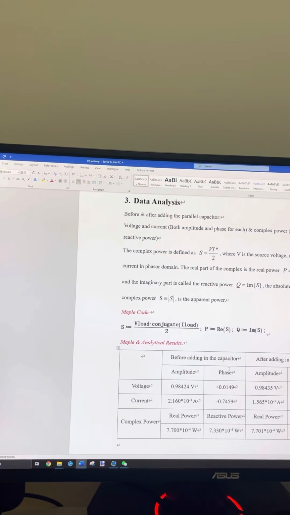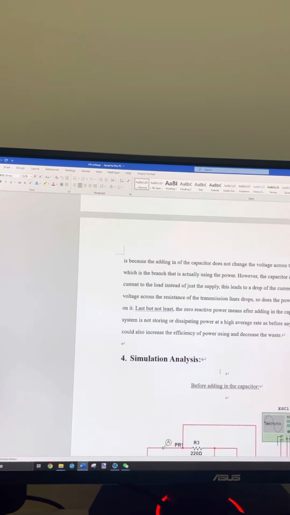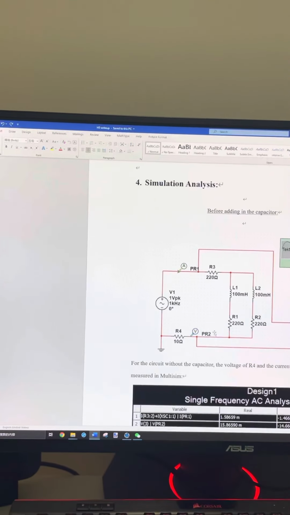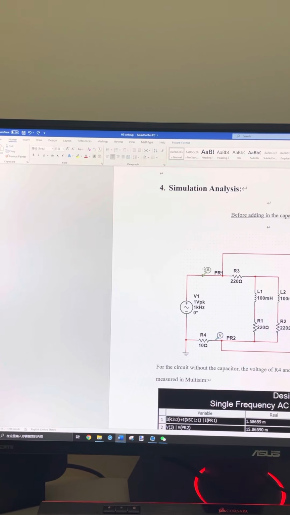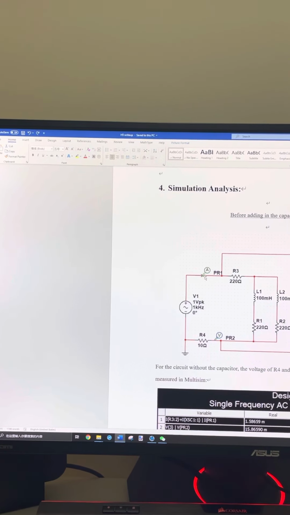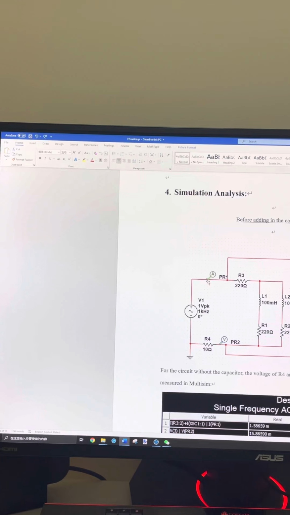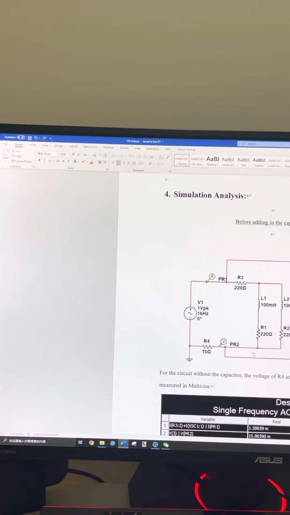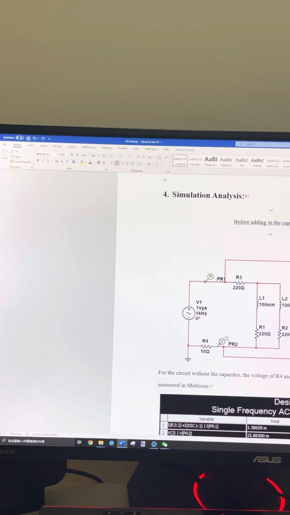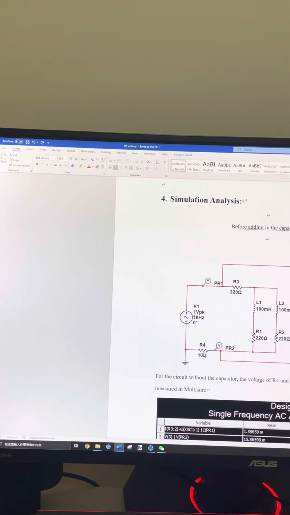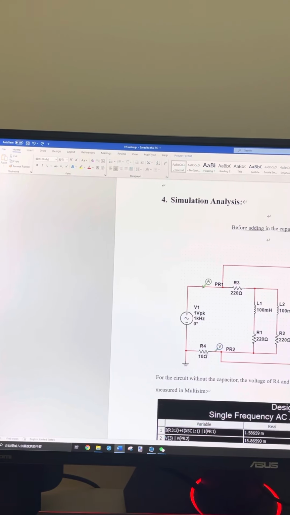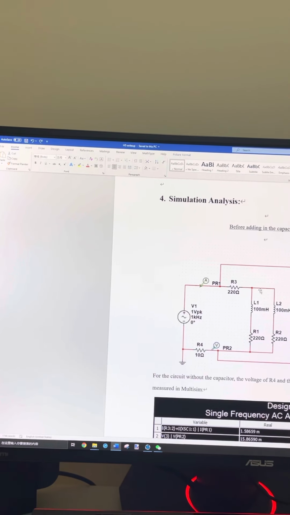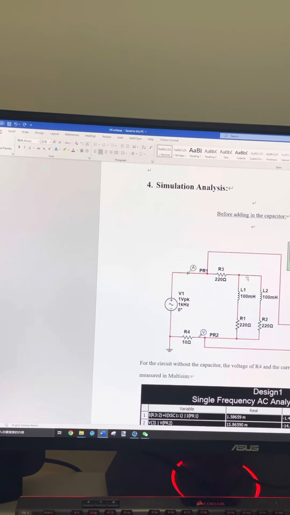And then is the simulation and analysis. This part here is to find the current in the theta domain of the load network, and with this part and the voltage of R4, we can find the source voltage for this part using the voltage divider.